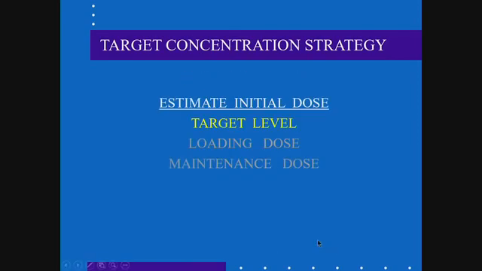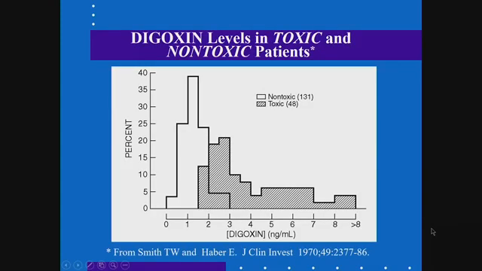Now, how do we choose a target level? Well, this is an empirical process in terms of defining what ranges of concentrations are therapeutic and where you have minimal or no toxicity. So we will have the example of digoxin to address this topic of how do you define a therapeutic range of concentrations.